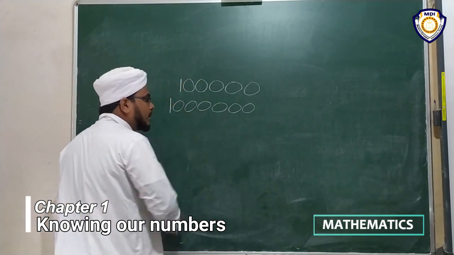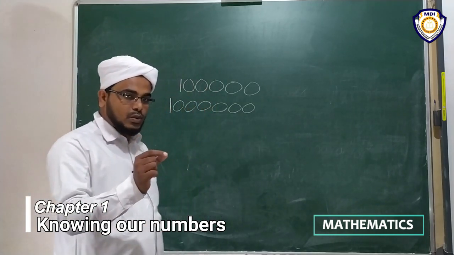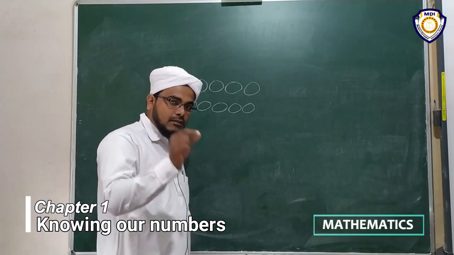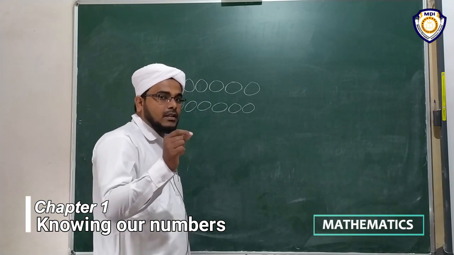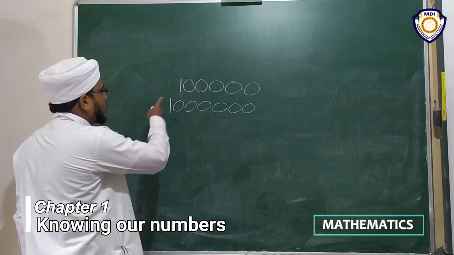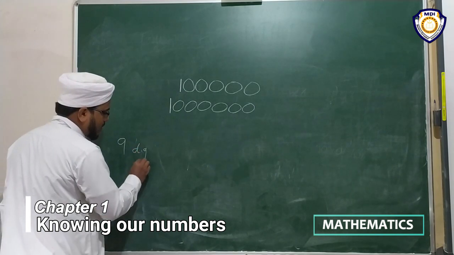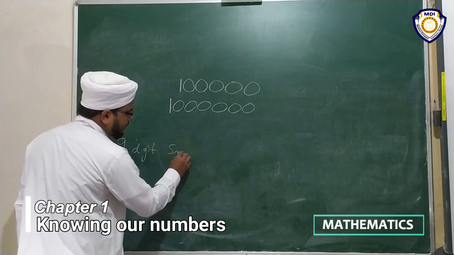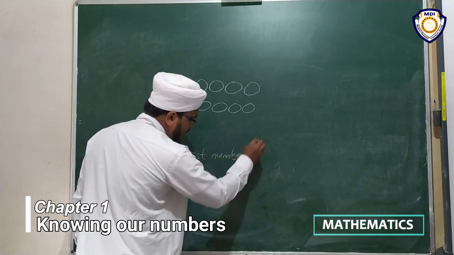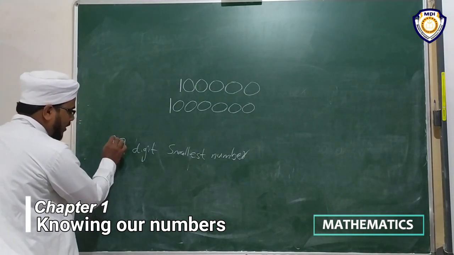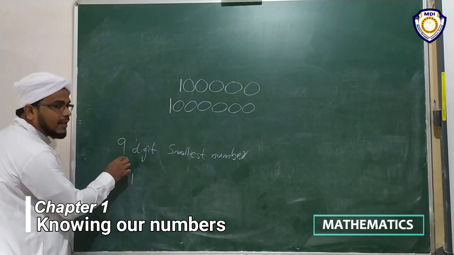It is very simple to find the smallest number with a given number of digits. If you are asked, you have to subtract 1 from the number of digits, then add that many zeros. As I do it here, if you are asked the smallest 9-digit number, first you write 1, then how many digits are there? 9 digits.